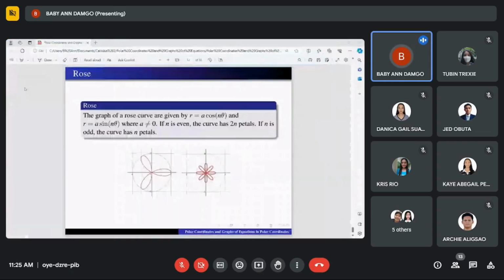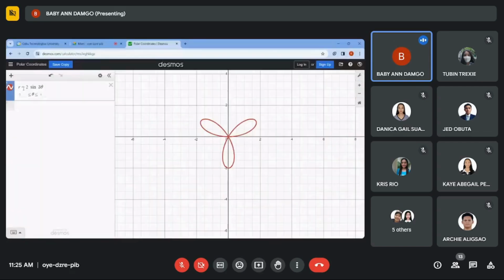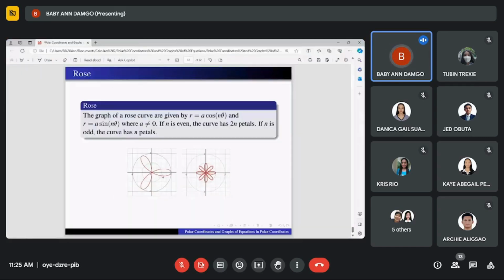So here a ra rin. So it's a. So if this is 2, so ang distance from here from the pole to the last part, so ang edge siya kung ano sa petal is 2. So the same ani, so kung maghimo ka ani og so mao ni akong gi kuan diri, so kani this is r equals 1. So when radius is 1, and then here when r is 2.